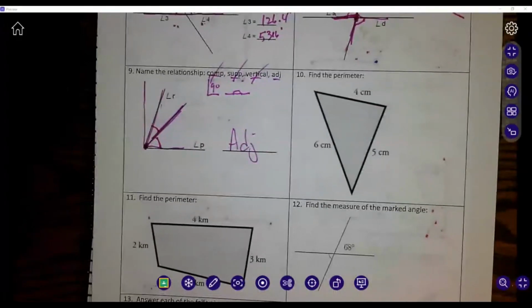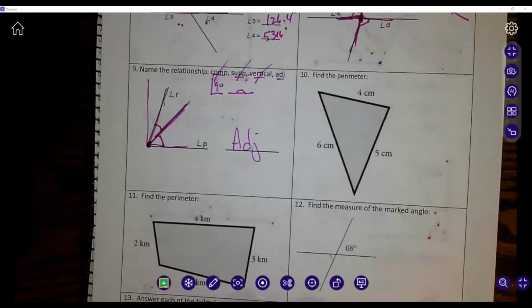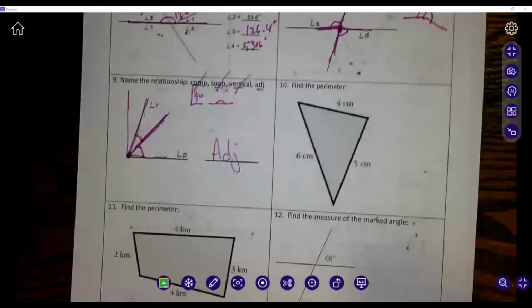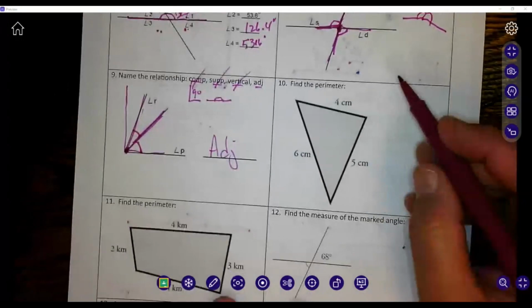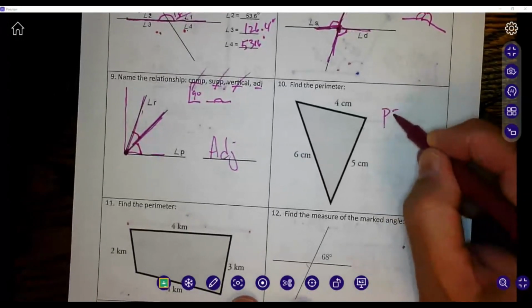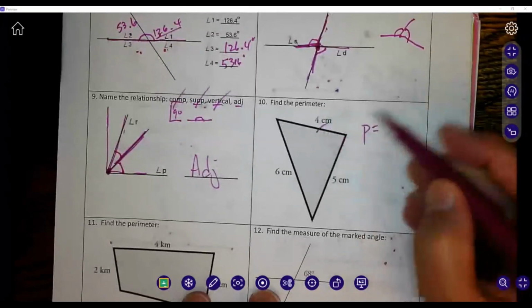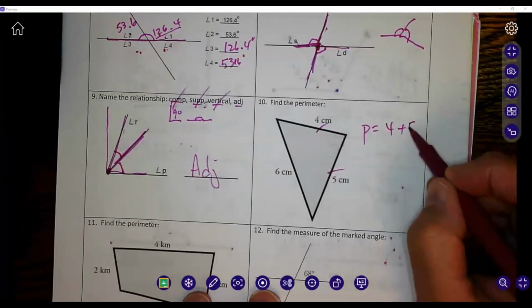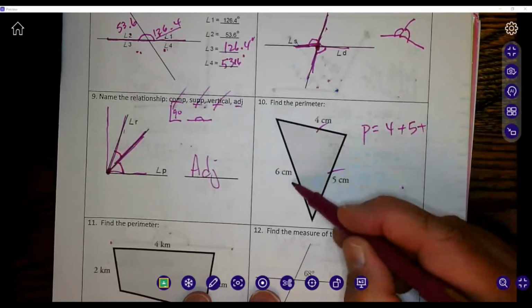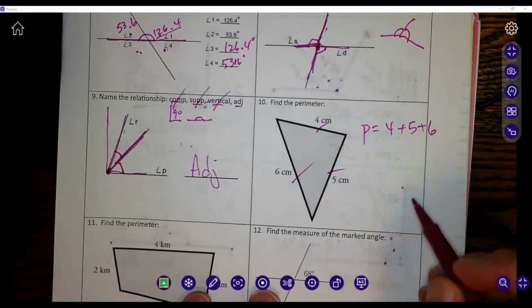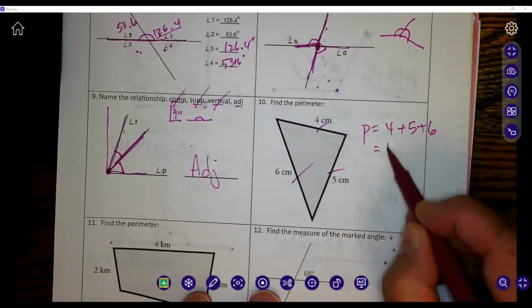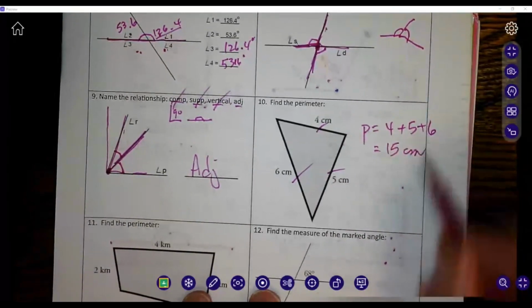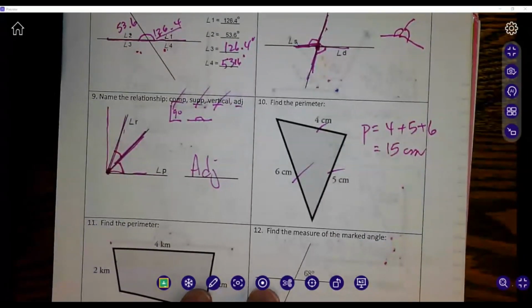All right, let's look at number 10. Number 10 wants us to find the perimeter of this shape. Remember that perimeter means we add up the sides. So the perimeter would be this side, 4 centimeters, plus this side, which is 5 centimeters, plus this side, which is 6 centimeters, and we get 15 centimeters.